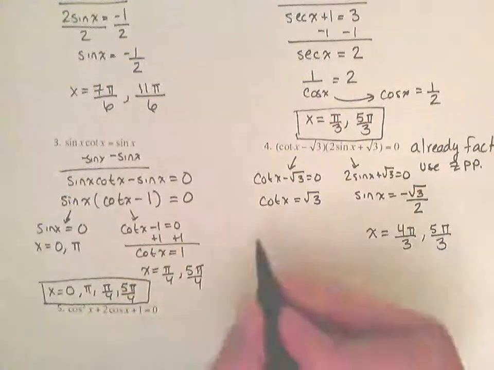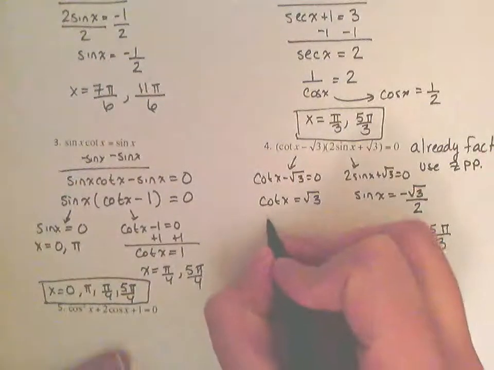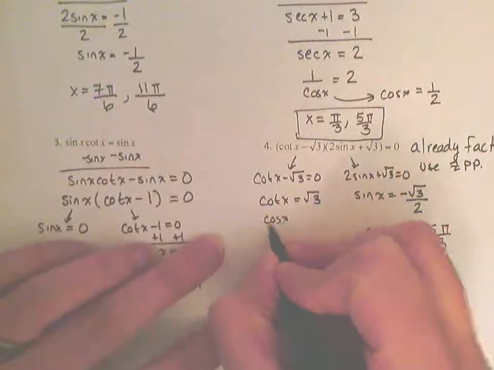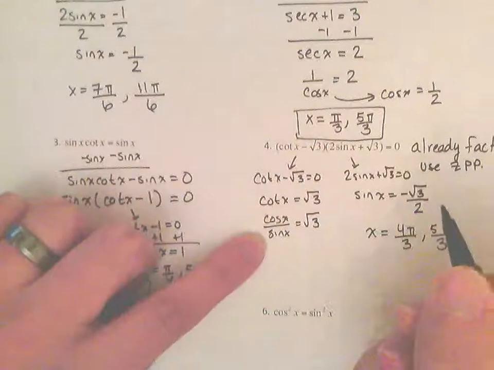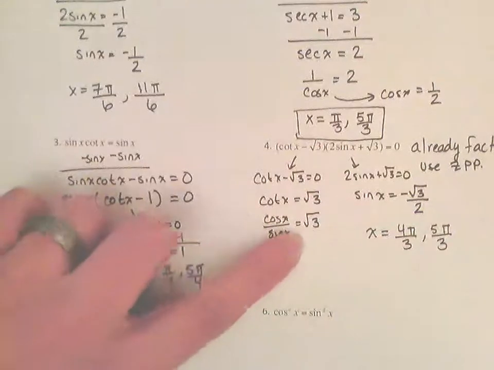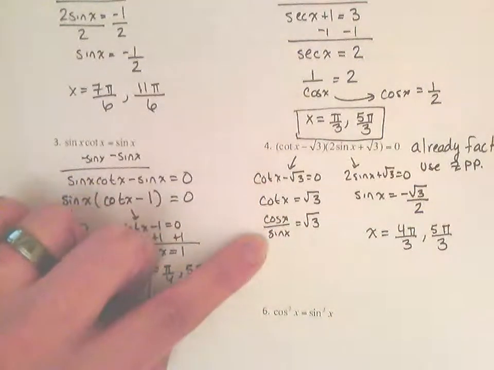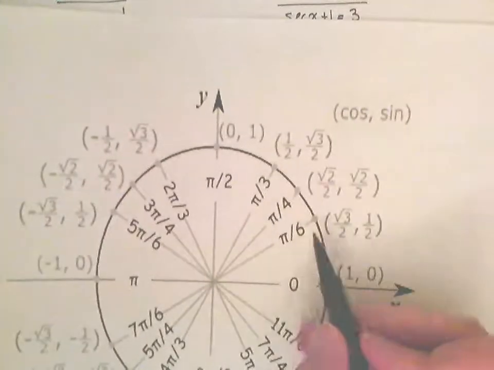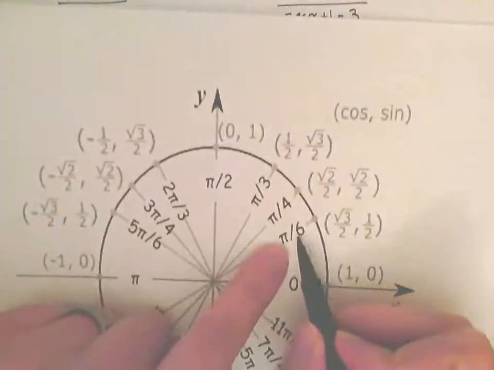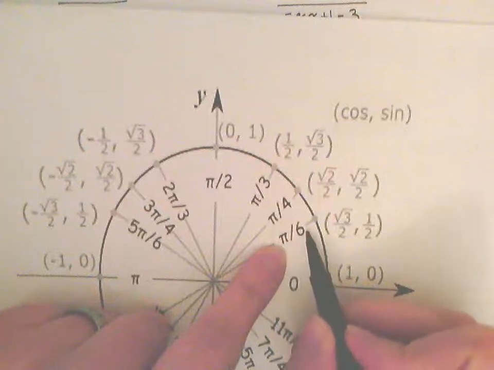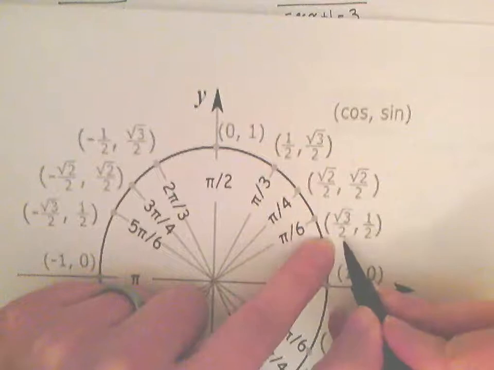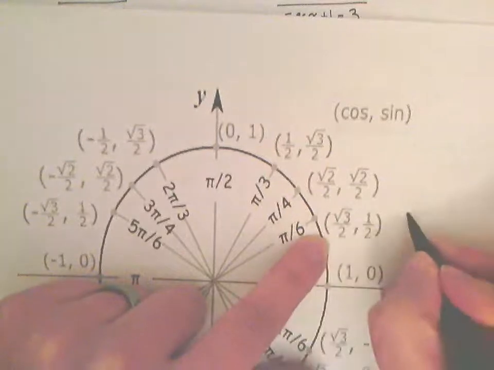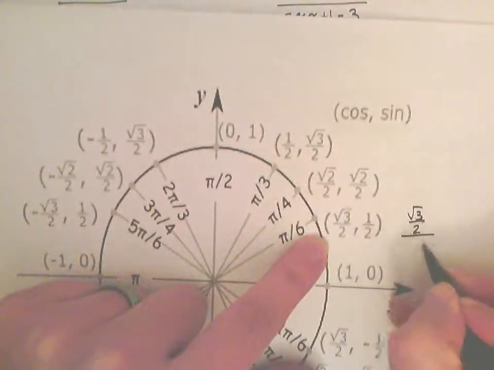Alright, now on this side, remember that cotangent is the same thing as cosine over sine. So when do we end up with square root of 3 for cosine over sine? It's basically going to be at the sixes, because at pi over 6, cosine over sine is square root of 3 over 2 divided by 1 over 2.